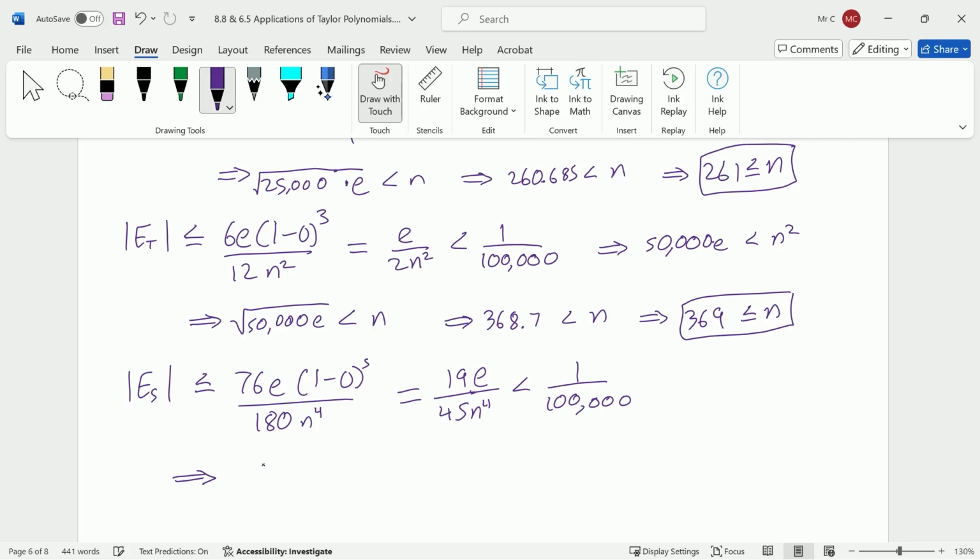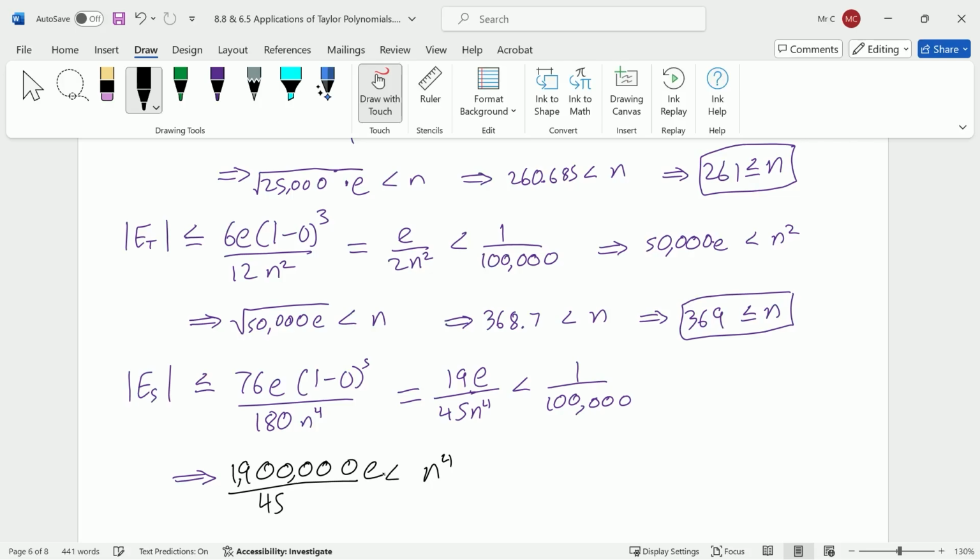And that implies 100,000 times 19, that's 1,900,000, over 45 should be less than n to the fourth power.